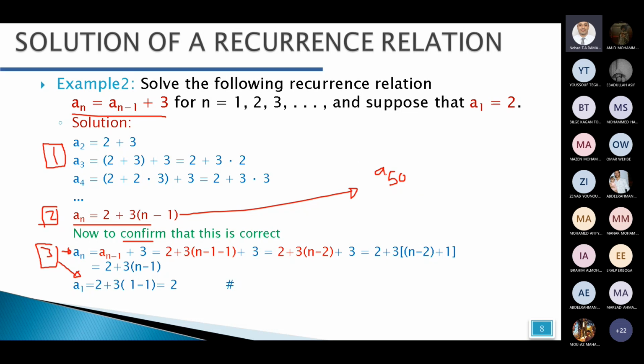Directly you will say, okay, term 50, a_50, equals 2 plus 3 multiplied by n, which is 50 minus 1, so multiply by 49. Then you can calculate easily the value of term a_50 without looking for previous terms.